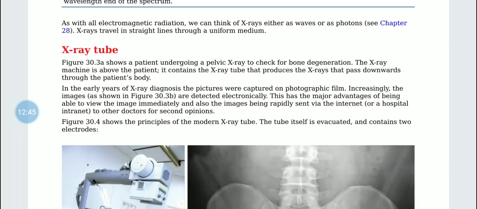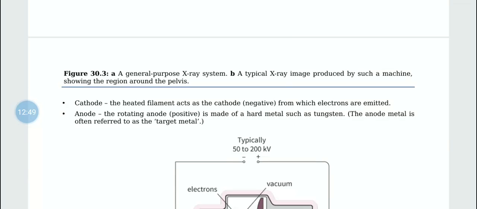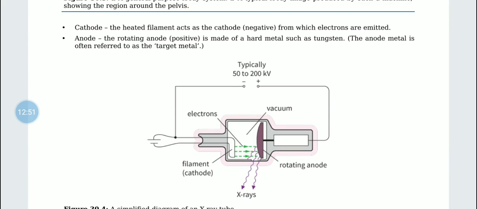Then write down: X-ray tube is made up of a cathode that is connected to a high voltage, which produces accelerated electrons.